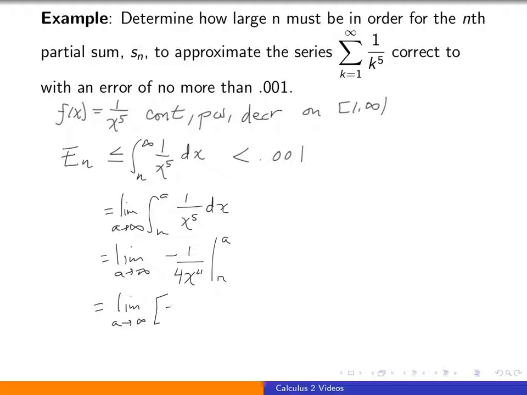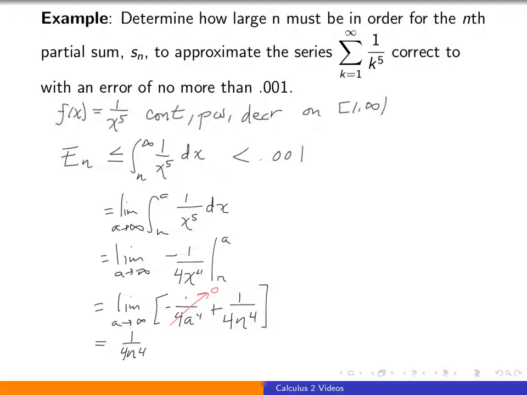So that would be minus 1 over 4a to the fourth, minus a minus, so plus 1 over 4n to the fourth. Now as a goes to infinity, the 1 over 4a to the fourth goes to 0, and the 1 over 4n to the fourth is a constant with respect to a, so we get back 1 over 4n to the 4.